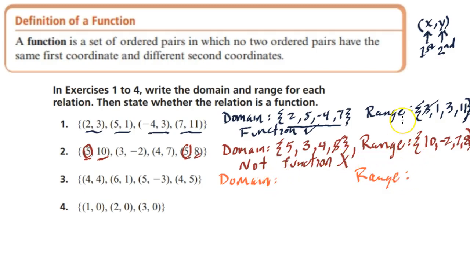It's pretty straightforward, I think we've discussed it enough. So notice that we have repeating 4s and we have different outputs. When we plug in a value of 4, we have 2 different outputs for that same value. So not a function.